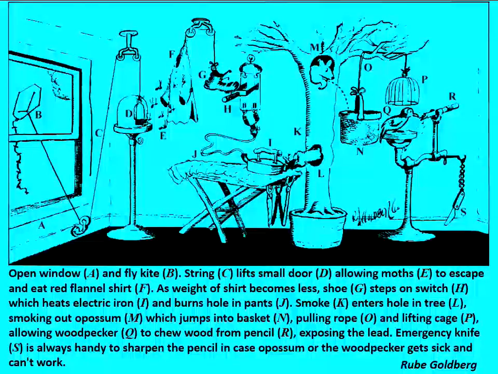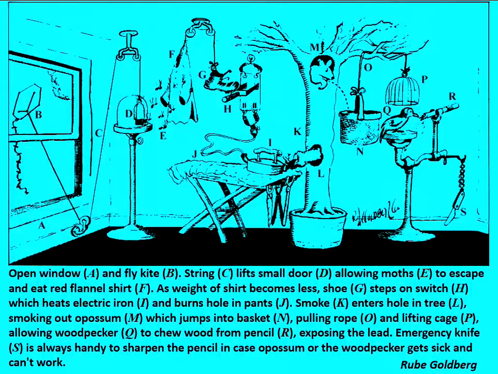Rube Goldberg. You open the window, fly the kite, the string lifts a small door, allowing the moths to escape, eating the red flannel shirt. The shirt becomes less, the shoe steps on the switch, hits the electric iron, burns a hole in the pants, and the smoke enters the tree, smokes out the opossum, which then jumps into the basket, pulling the rope, lifting the cage, allowing the woodpecker to chew the wood from the pencil and therefore sharpen it.